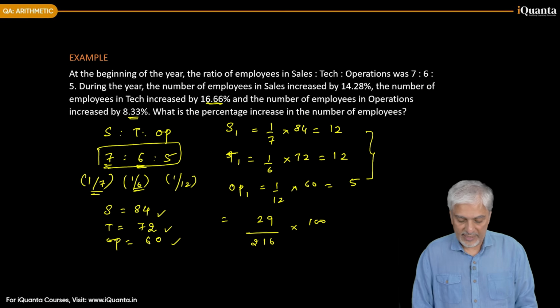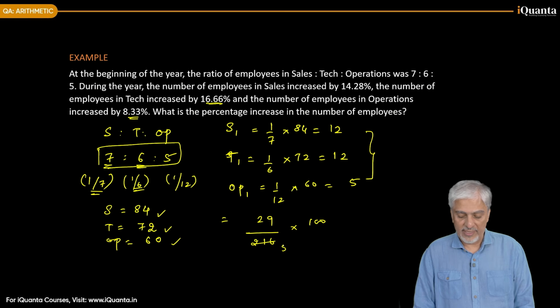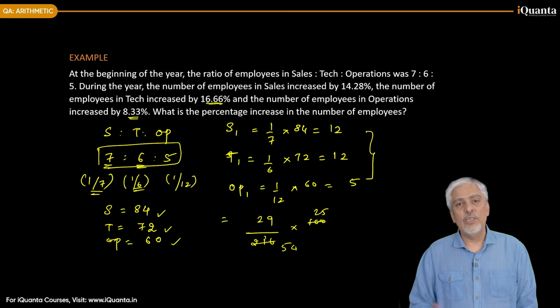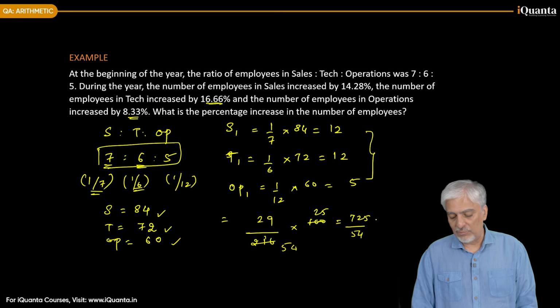So that will be 29 into 25, which is 725, upon 54. You can use a calculator. It comes out to be approximately 13.4%.